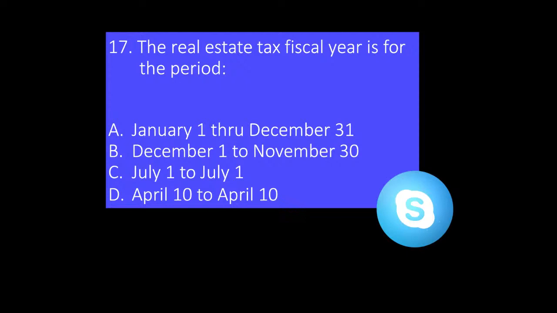There's no elimination that I can apply. All right, Joe, this is Joe's answer. Joe's answer is July 1st to June 30th. Joe, you're good. Congratulations, Joe. Good job. Okay, now let's move on to the next question.